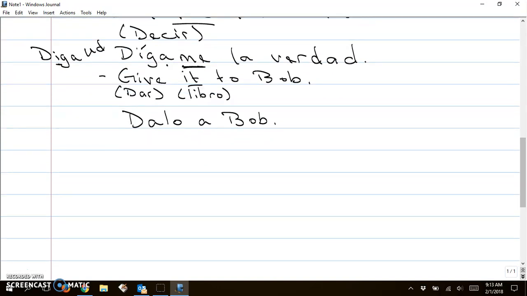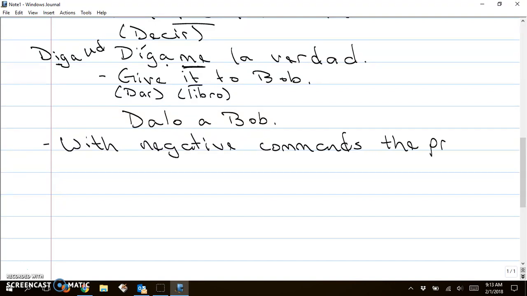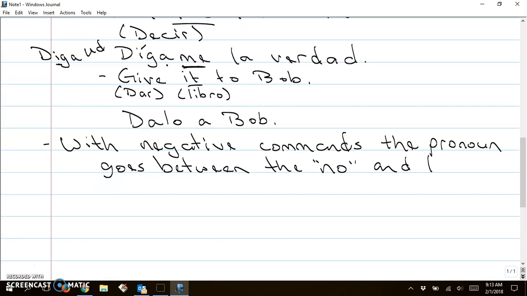Now, the next one, with negative commands, the pronoun goes between the no and the verb.